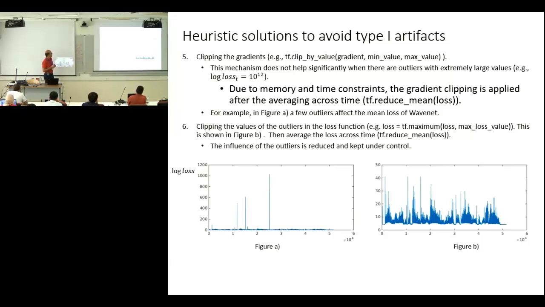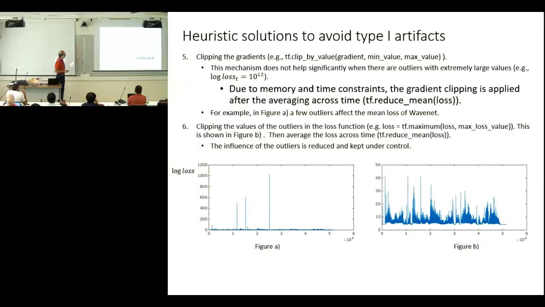However, this works, but if this is the correct derivative, and this is the wrong derivative, if you clip that so that it does not have a huge value, the direction is still the wrong one. So this still can push you in the wrong direction. So this technique helps, but not always.